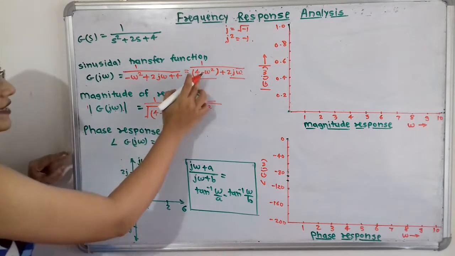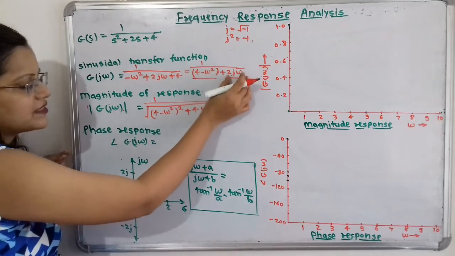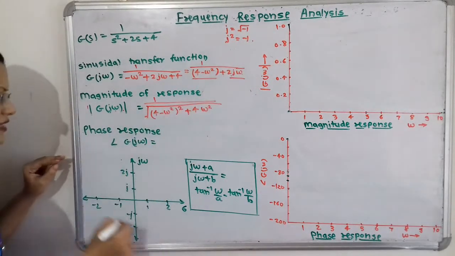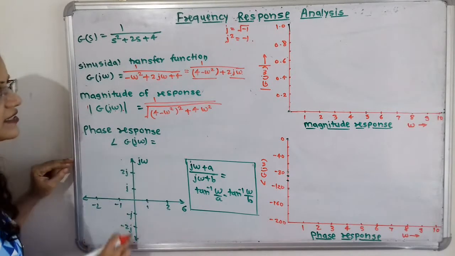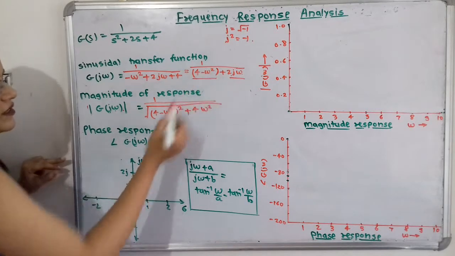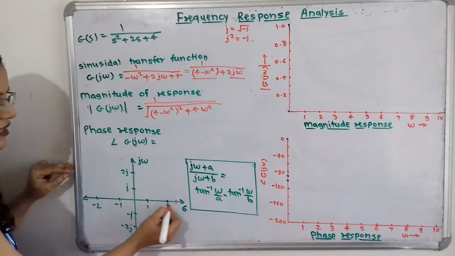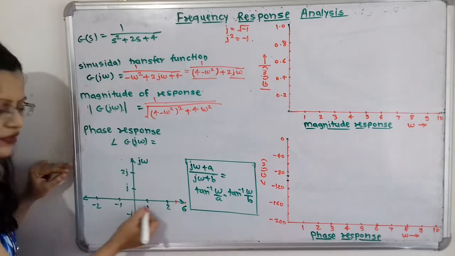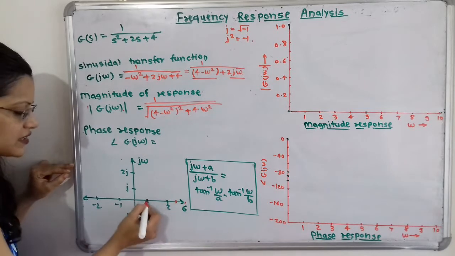Now we will understand why the angle here is tan inverse. These are the two numbers, this is the real number and this is the imaginary number. So I will take here the S plane, that is, this is the real axis and this is the imaginary axis. Now here 4 minus omega square, I will refer to this real number somewhere on this positive line, that is positive numbers on the real axis 1, 2, 3.